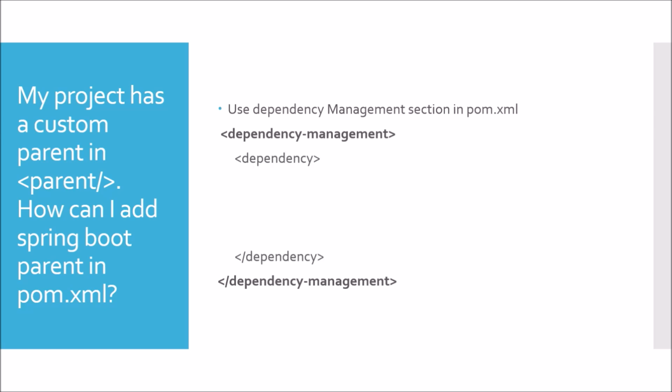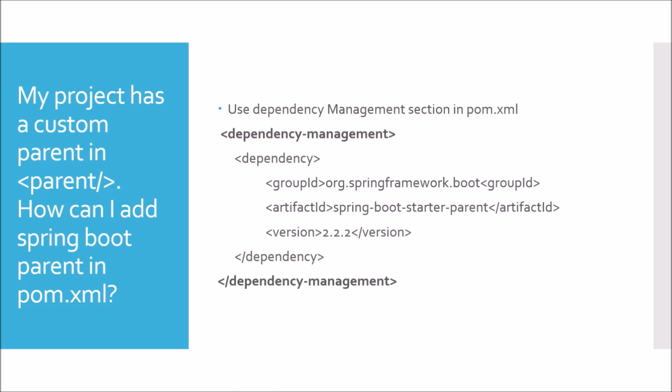Create a dependency tag, and inside this dependency, provide the group ID, artifact ID, and version of the Spring Boot starter parent you are going to use. If you want to have a verification, try to use Spring Cloud in your project, because Spring Cloud is under a different parent tag. So inside parent tag, you have a Spring Boot starter parent, and in the dependency management section, you have a Spring Cloud tag.